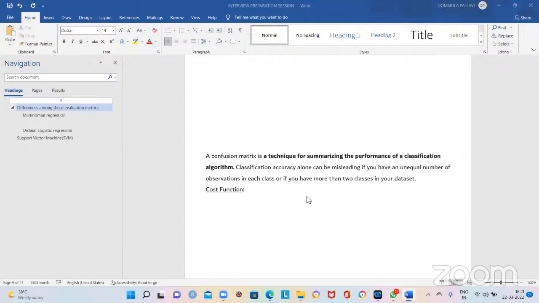Classification accuracy alone can be misleading if you have an unequal number of observations in each class, or if you have more than 2 classes in your data set. So this is called a confusion matrix.